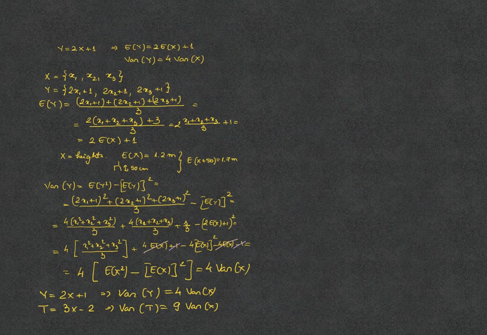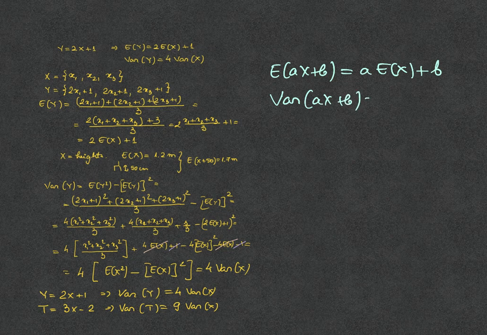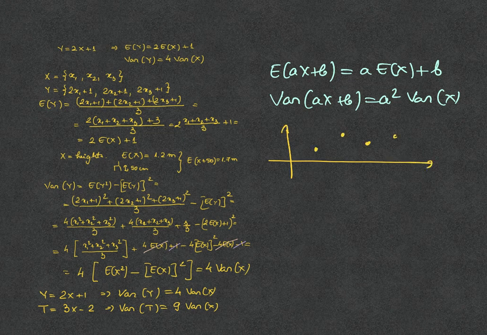Therefore, we have these two formulae: E of ax plus b is a E of x plus b, and var of ax plus b equals a squared var of x. B disappears from the last relation and that is normal, because, let's think about it. What is variance? Variance is the average distance from the mean.